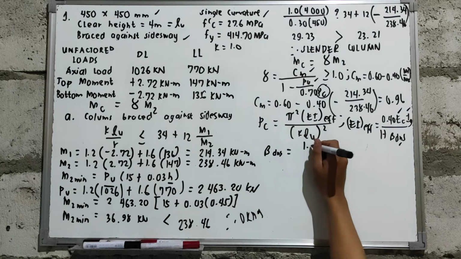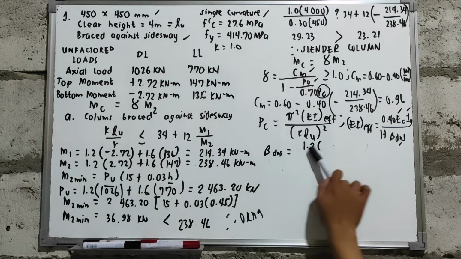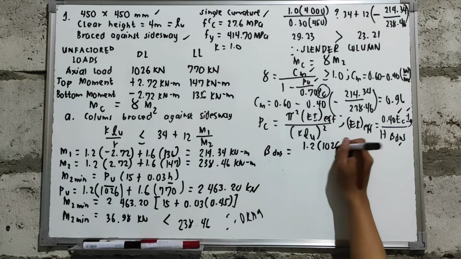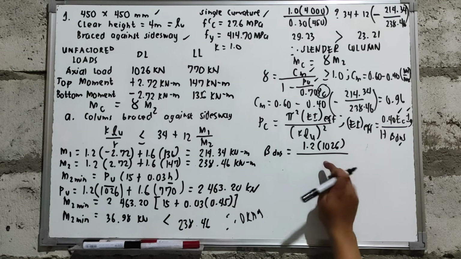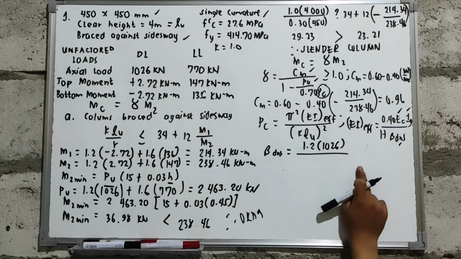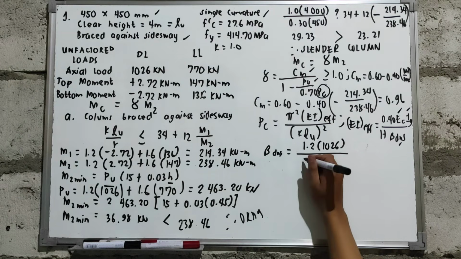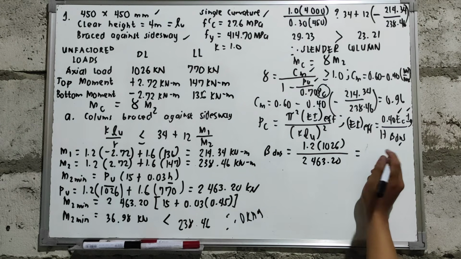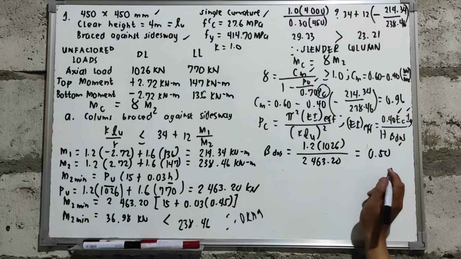So yung axial dead load lang natin na naka-factor. So yung axial dead load natin, that is 1,026 over yung total axial factored load, which is eto, na 2,463.20. So yung value ng creep factor natin, that is equal to 0.15.